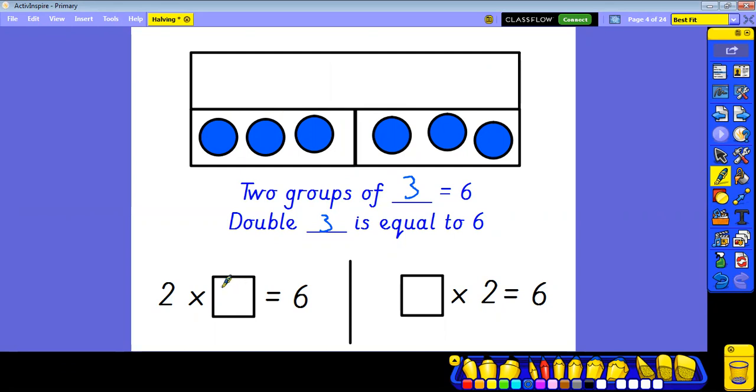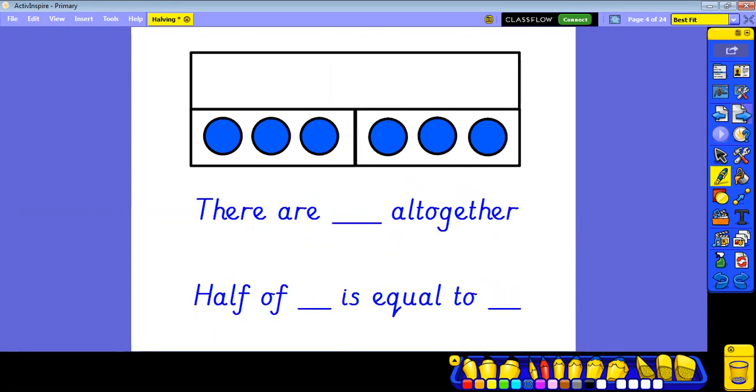So we said 2 groups of 3 is equal to the whole of 6, or having 3 2 times is equal to 6. Let's have a look at our whole then. So we said that there are 6 altogether, and half of 6, half of our whole, is equal to 3.